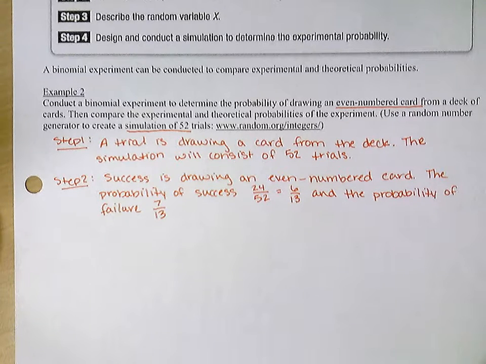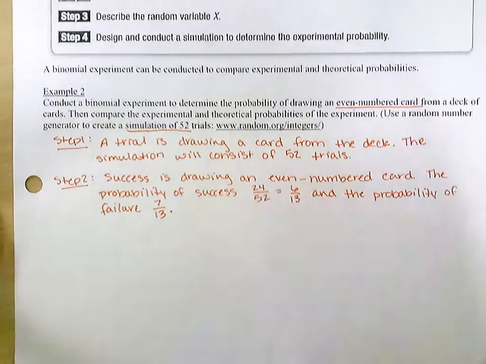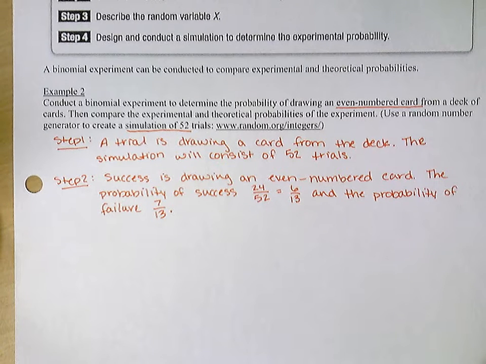If you took 6 divided by 13, wrote it as a decimal, that would be fine too. Do you understand where I got the 7 out of 13 from? No, isn't there supposed to be more even than odd? No, aces are odd, and kings are odd. Kings are odd? I thought they were equal to 10. No, I just went every other for the face cards.